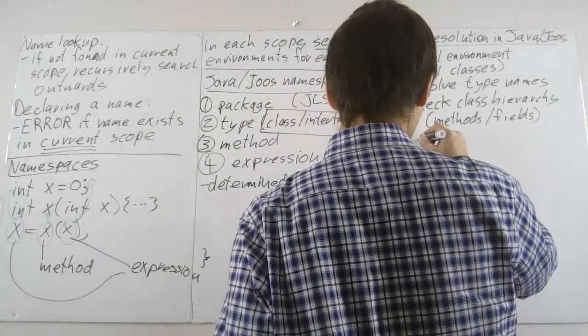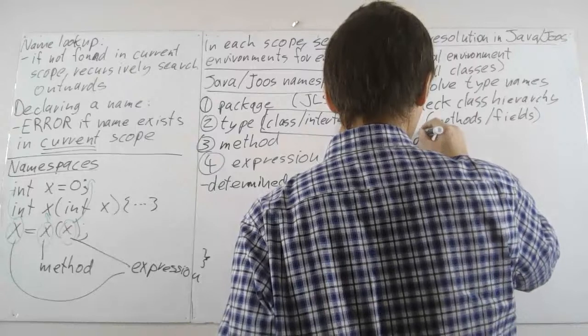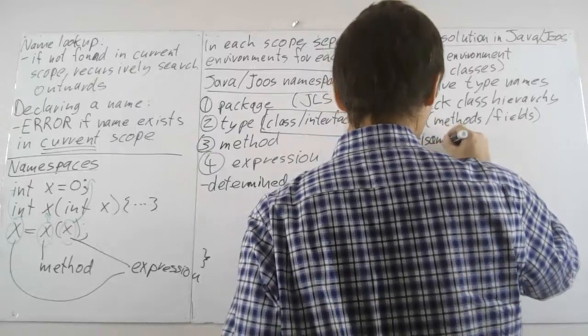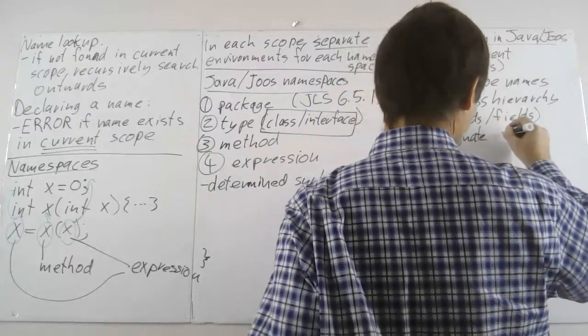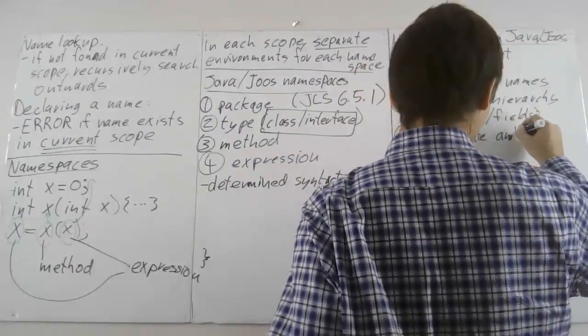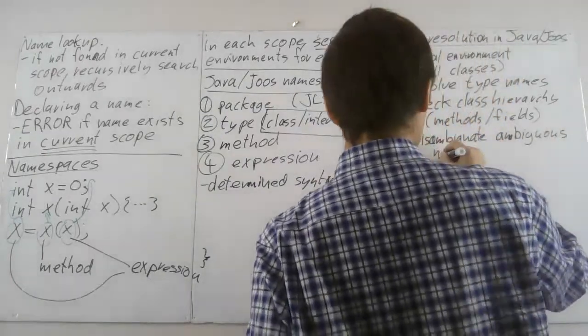So we're going to deal with the ambiguous namespace. Disambiguate the ambiguous namespace.